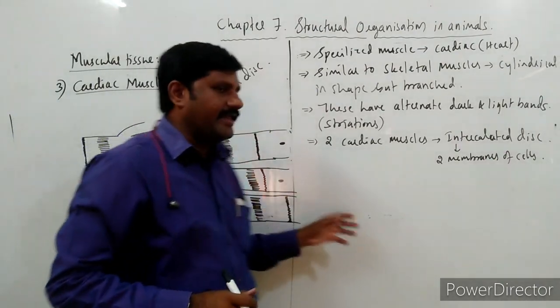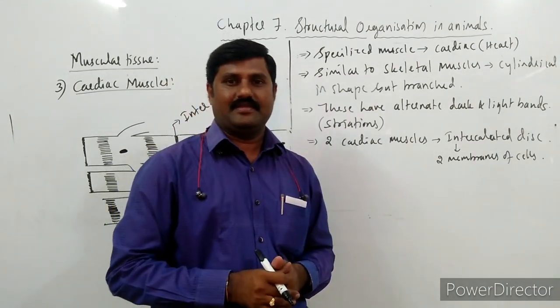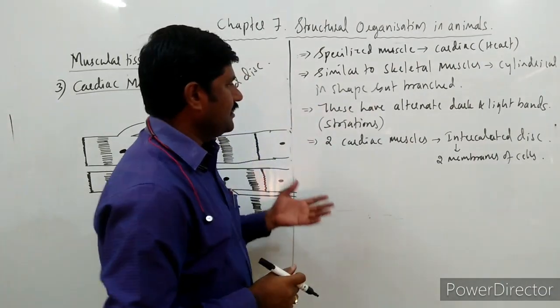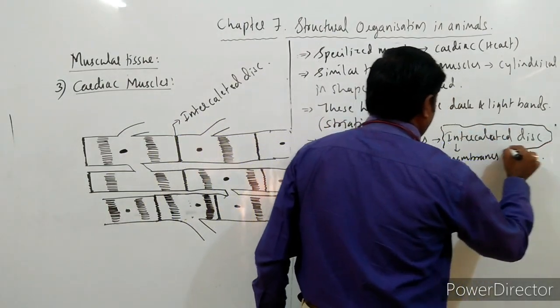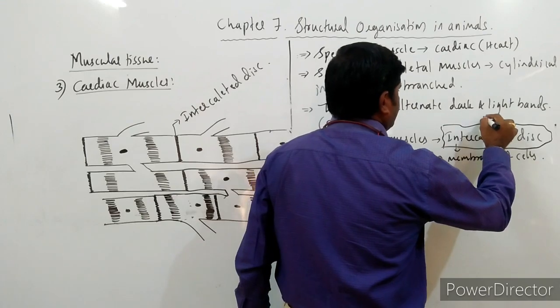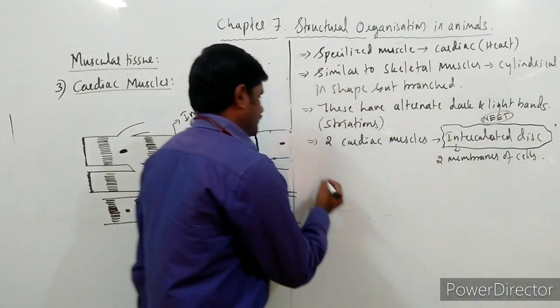So this is the unique nature of cardiac muscles. The intercalated disc is a very important point to be noted over here. Right, so this is important for the NEET examination.